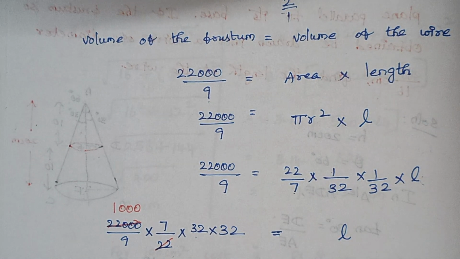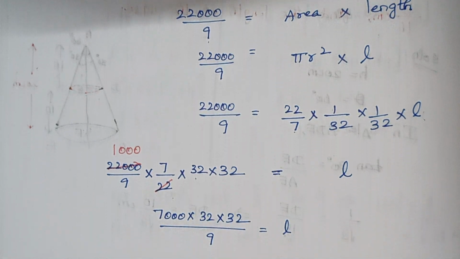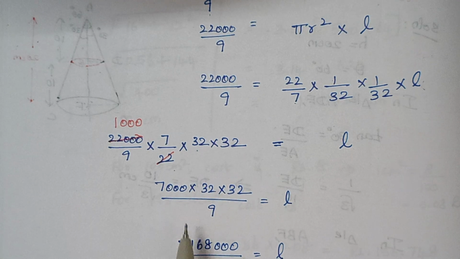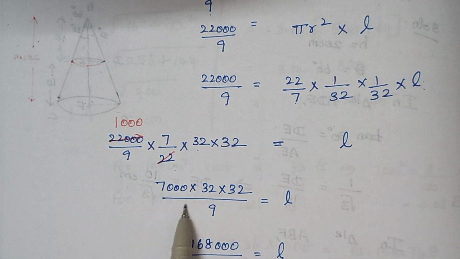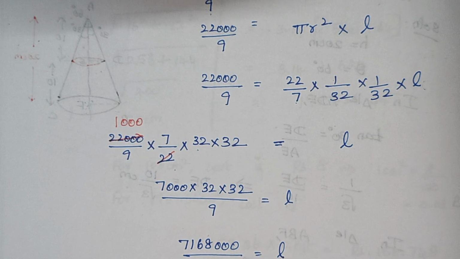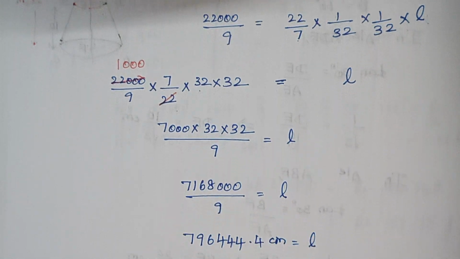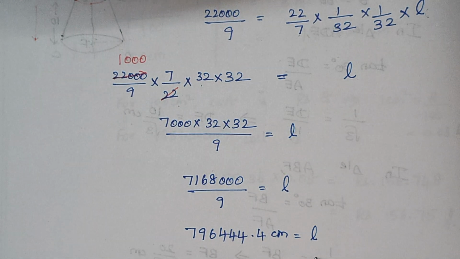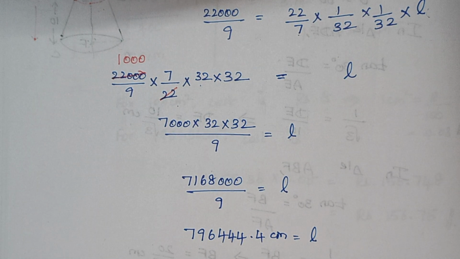So again when you simplify, okay, the simplification is simple. So here 22,000 into 7 into 32 into 32 by 9. When you multiply, we get the value as 796,444.4 centimeters. Okay, mostly the length will be in the form of meters or kilometers.